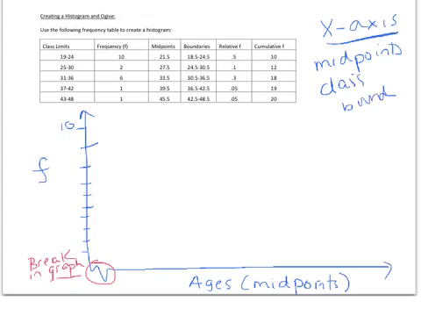The one thing I can't put is my class limits. If I put my class limits, my actual bars would not be touching. In a histogram, one bar is supposed to end where the other one begins. We accomplish that by using either the midpoints or the class boundaries. So no class limits.